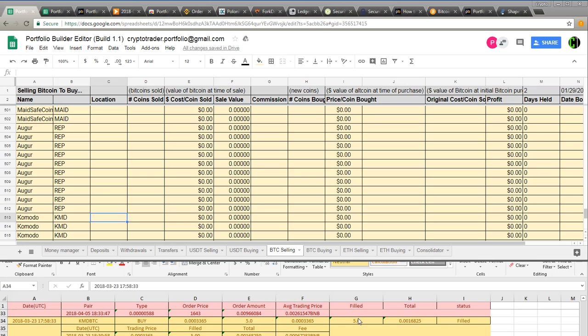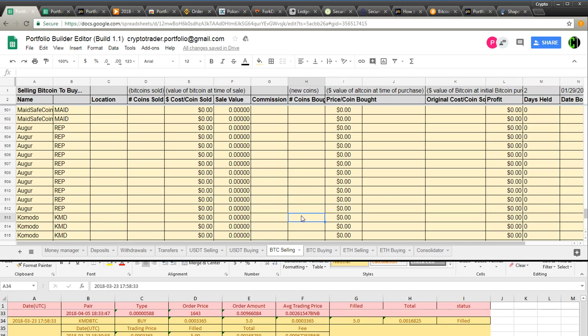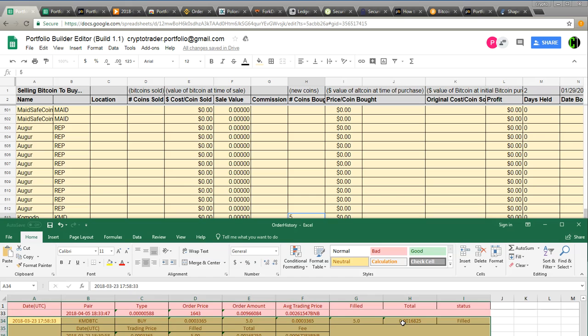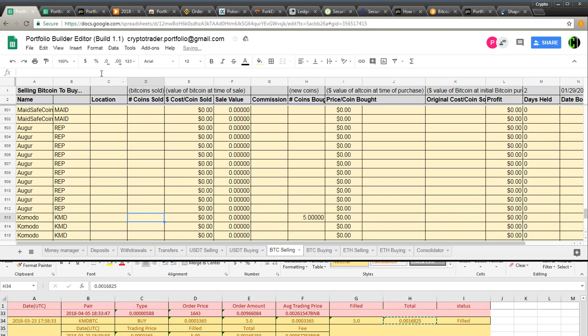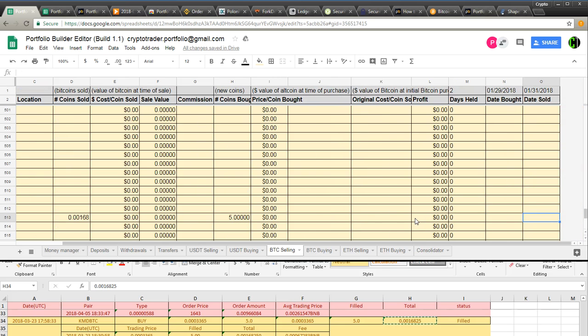Now this is going to be the opposite. So we are buying 5 Komodo coins. These are the new coins, so this number right here is the number of Bitcoins sold to fill the position. And then we need to get the date and put it over here.